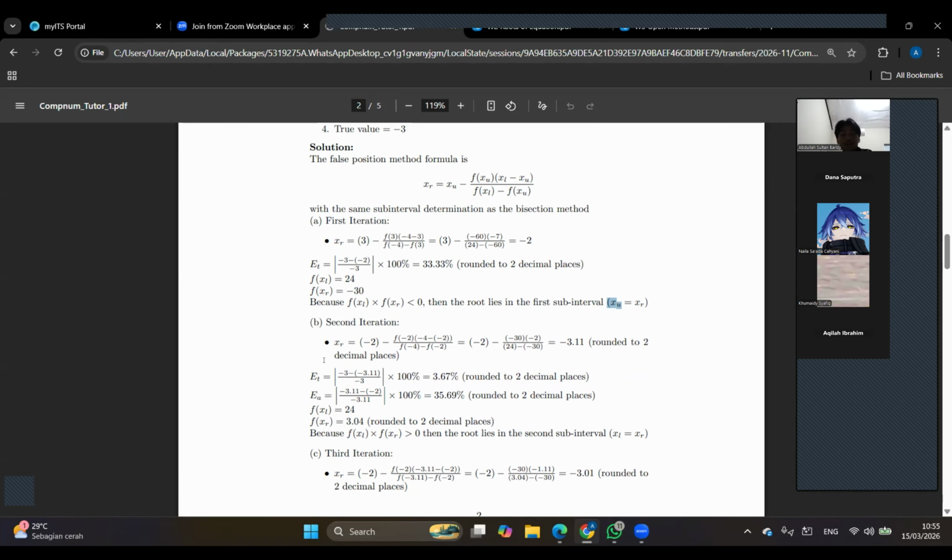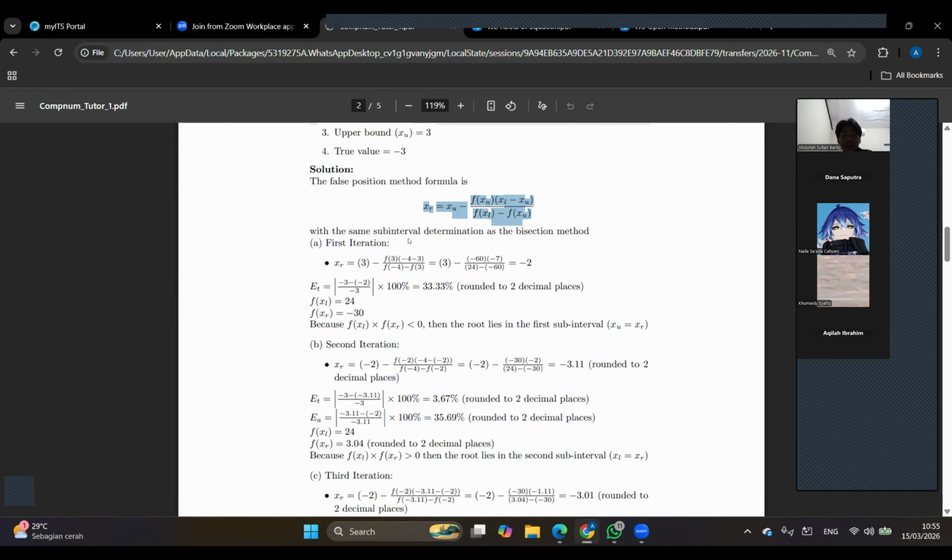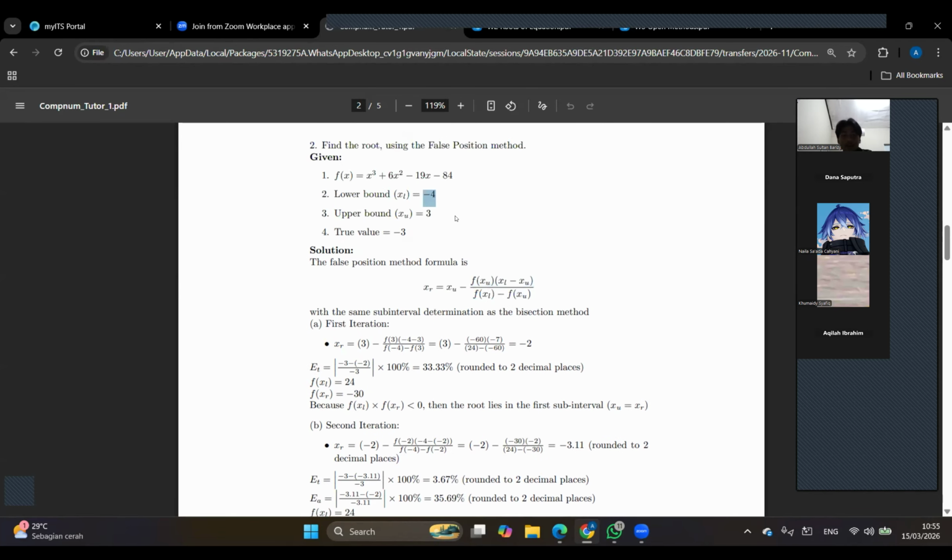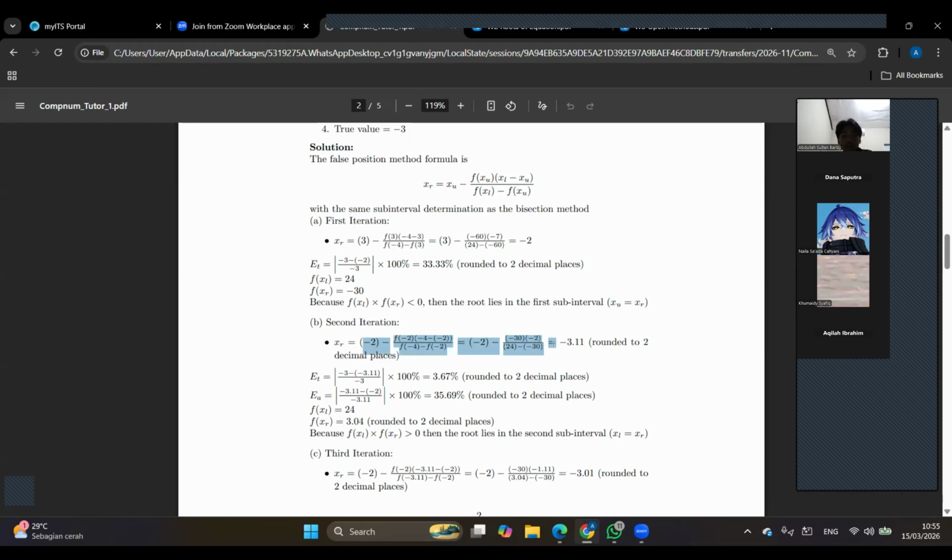For the second iteration, we use this as the new xu and just use the same formula. We substitute this: the xu is minus 2 and the xl is still minus 4. Then we calculate this, and we got minus 3.11.